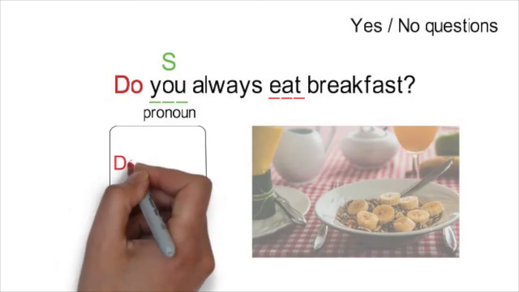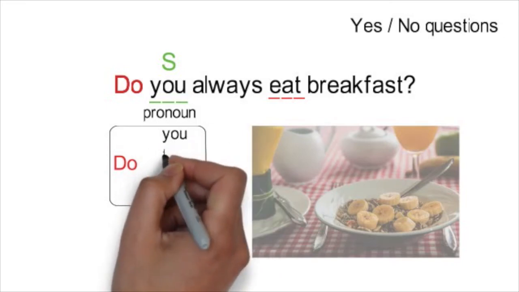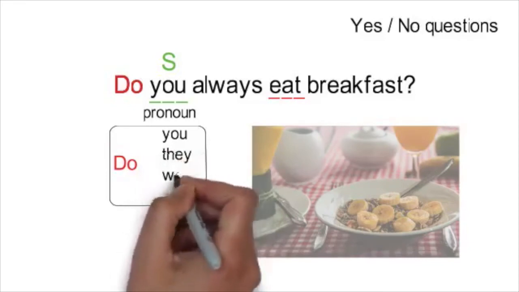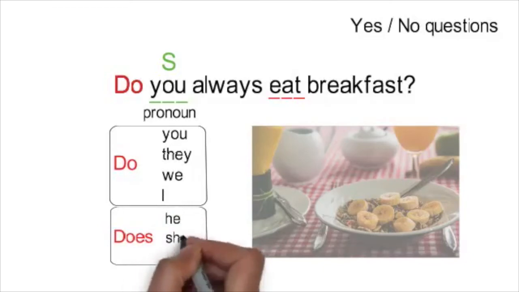We use do, the helping word, when we talk about you, they, we, I, and plural nouns. These are the subjects. However, we use does for the subjects he, she, it, and singular nouns.